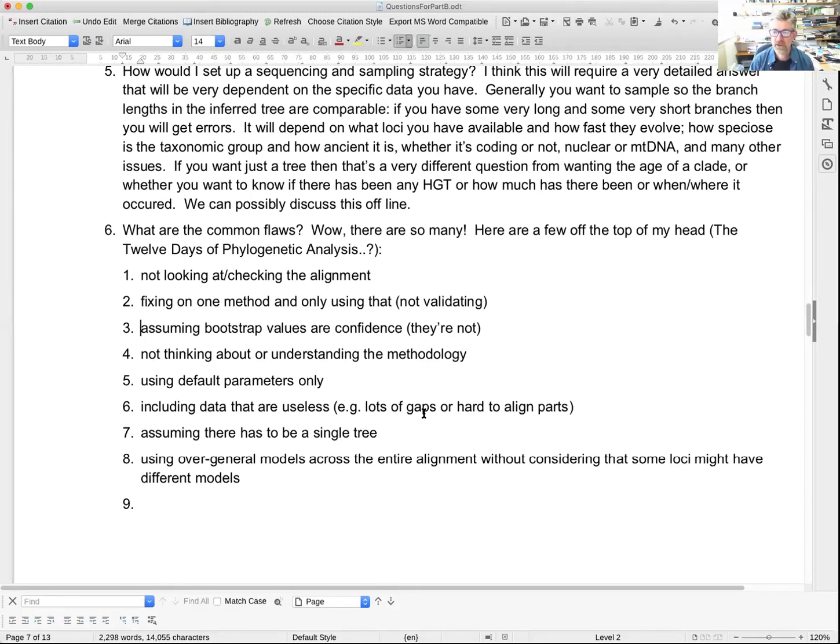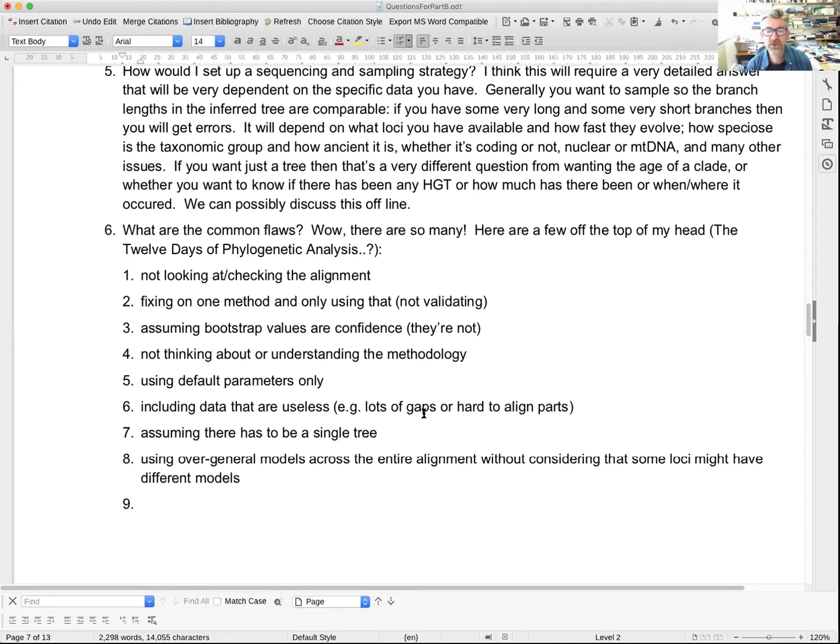I was at the Australasian Evolution Society conference last week, and there was a great talk there by Rob Lanphier, and he was raising this exact issue, saying that the reason that we get more and more confident in our trees is that we're putting more and more data into them. That is, more and more sites, more loci.